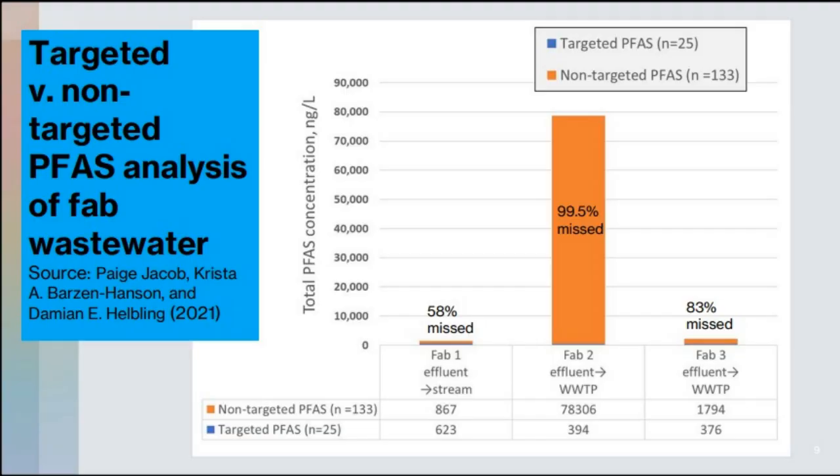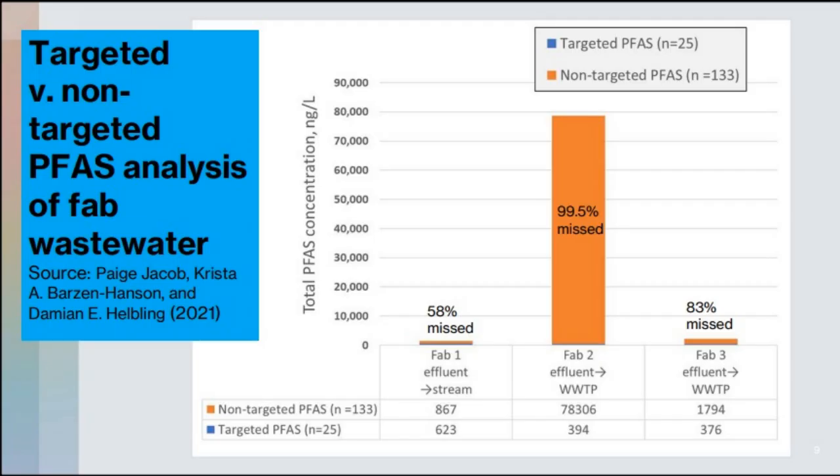It's on page 5. What they did was they looked at specific PFAS compounds in a regular targeted list, and then they also did some fancy numerical work to figure out other PFAS, which is not on the standard list. And it turns out the other PFAS, the so-called non-targeted PFAS, way exceeded targeted.